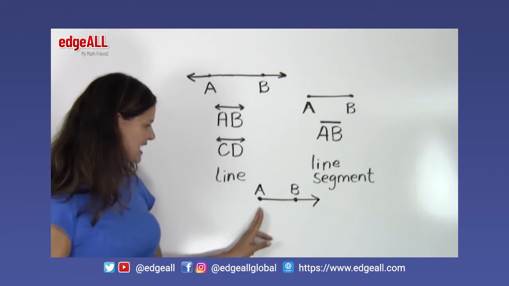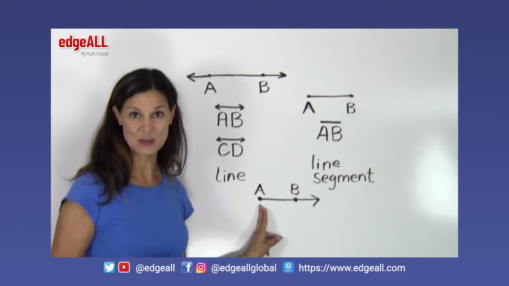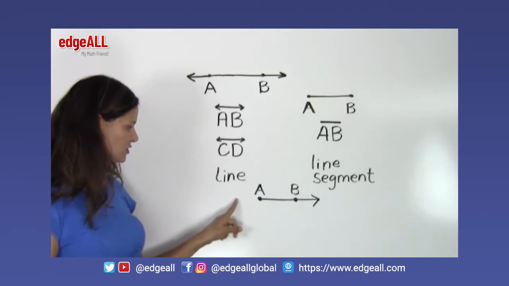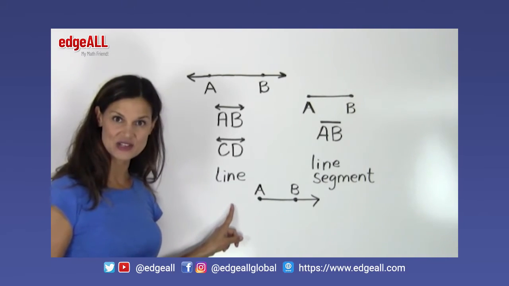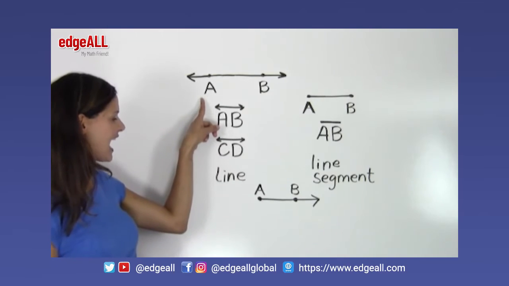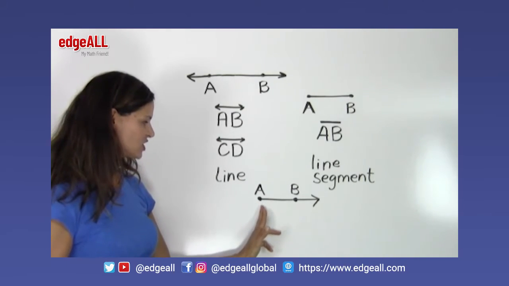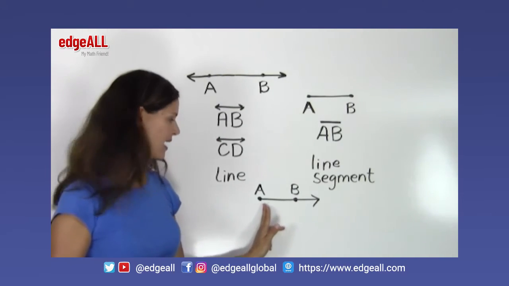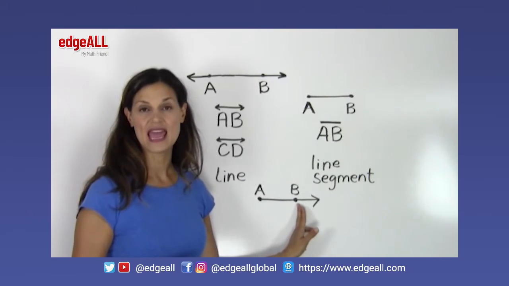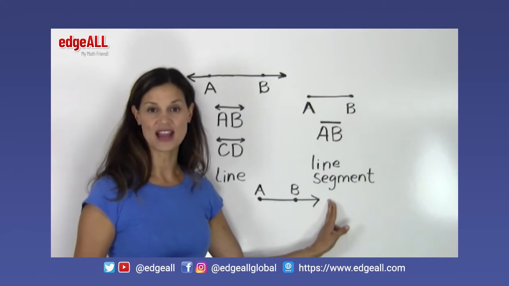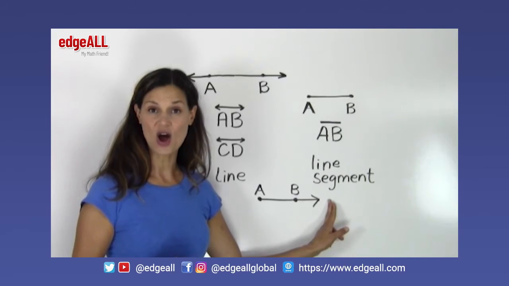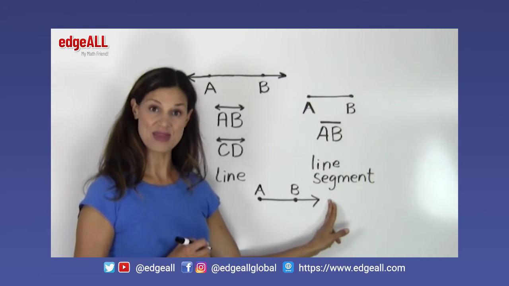So you can see that my starting point is point A. I'm not going to draw an arrow over here in this direction like I do with the line. I'm simply going to start at point A, pass through point B, and draw an arrow in this direction. And this is called ray AB.